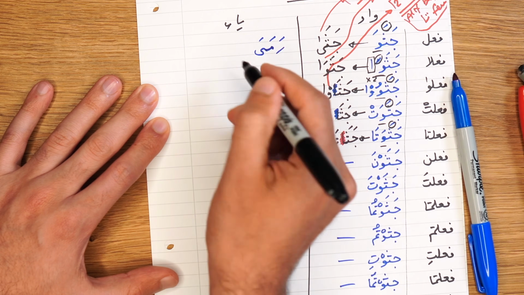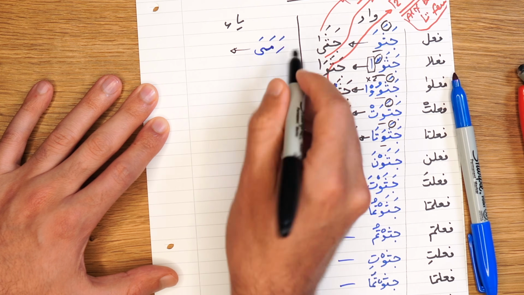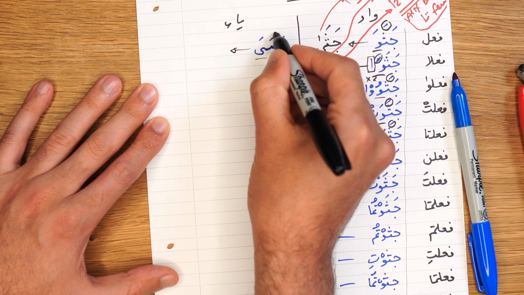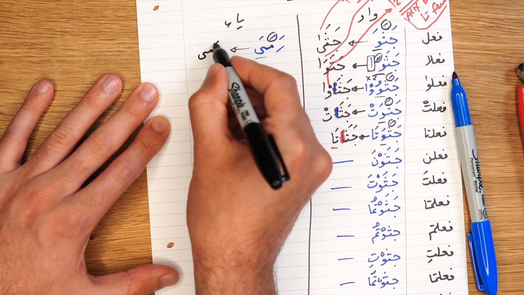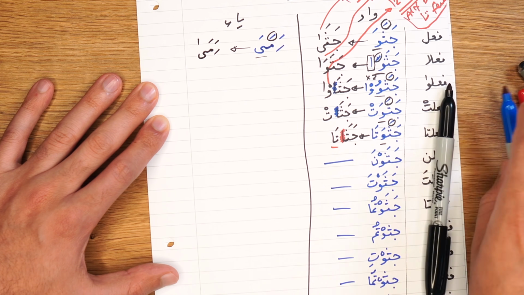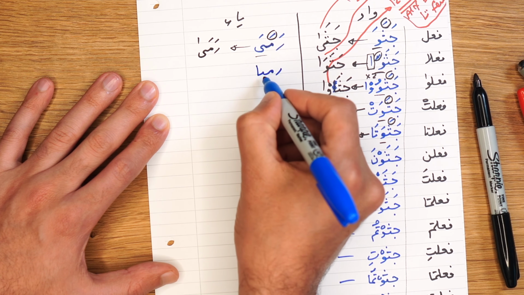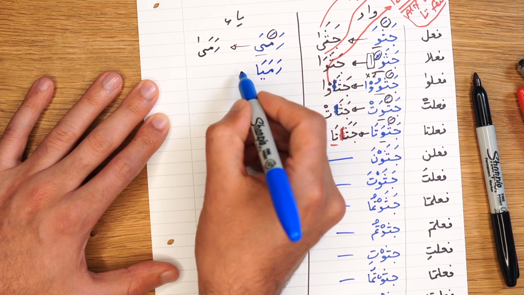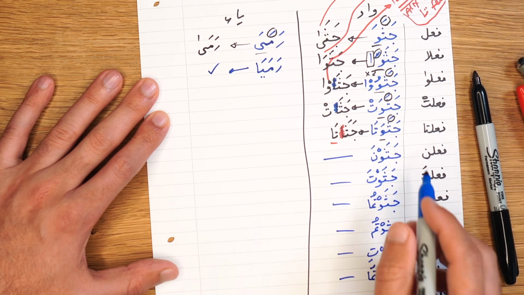You've got a ya after a fatha, so you change it to an alif. So rama, okay, it's done. Then ramaya: no change there, no change because of the tathniya.